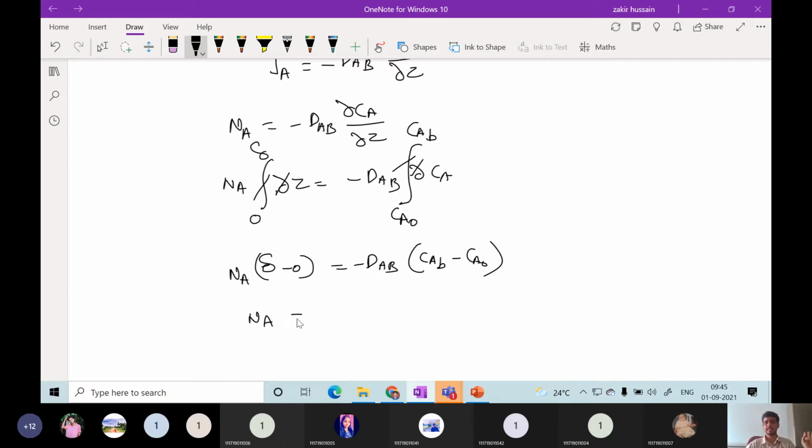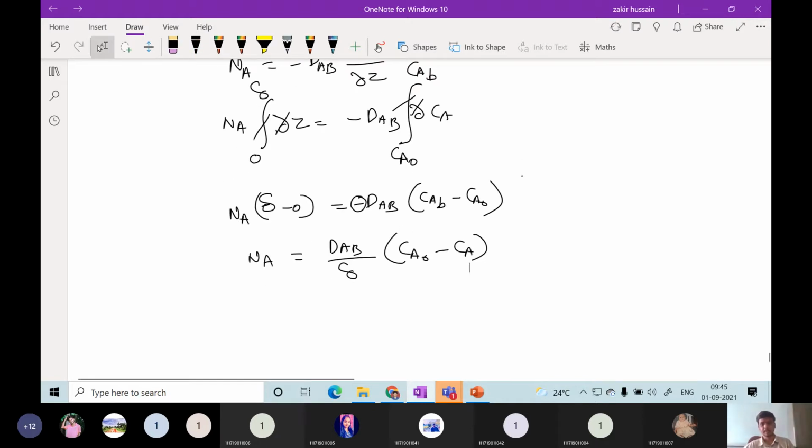Therefore NA is equal to DAB by delta, and the leftover minus can be compensated by interchanging the variables: Ca naught minus CAB. This relationship is valid for laminar flow.